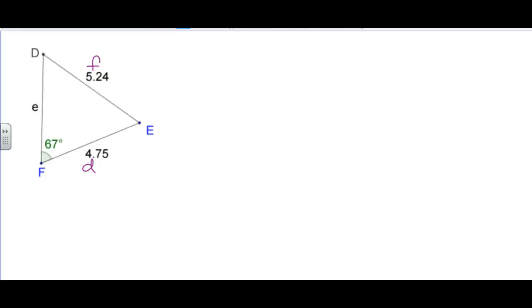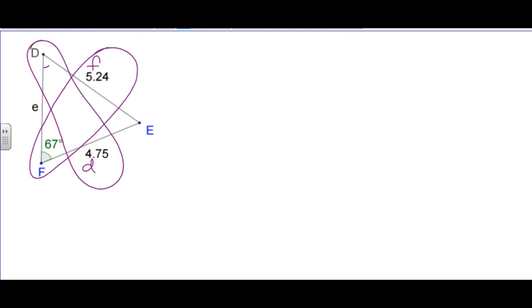To use the cosine law, I need three sides. But what we can do is say, this is what I've got, and this is what I can find. I can find angle D. Once I have angle D, I can calculate angle E. When I have angle E, I can pair it up using sine law and solve for side little e.